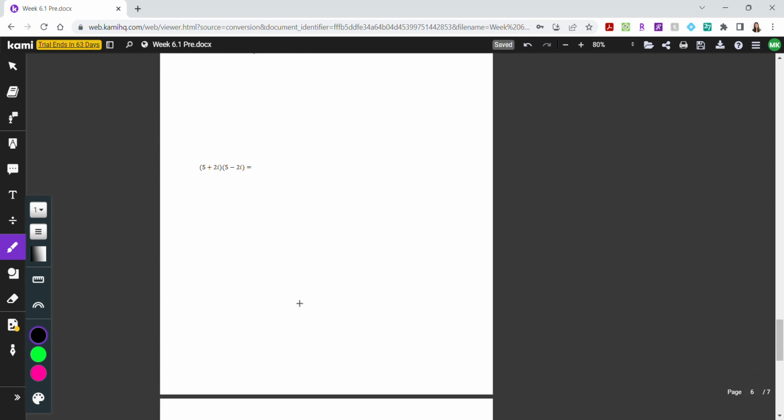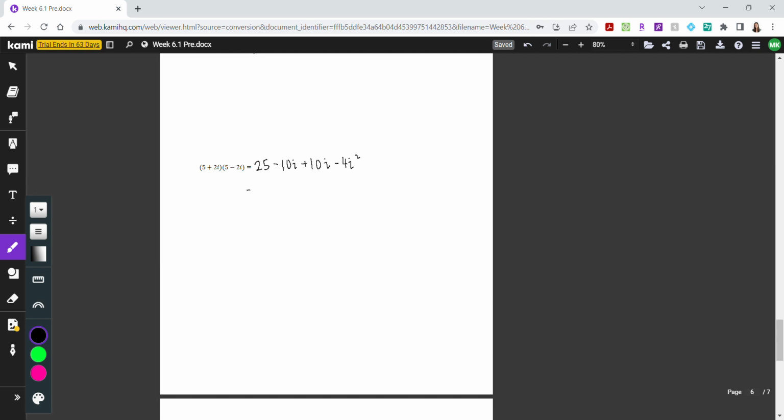Now for this one, we again are going to FOIL it like how we would with any of our polynomials. So we will first do 5 times 5, which would give us 25. And then 5 times negative 2i is going to give us negative 10i. 2i times 5 is going to give us positive 10i. And then 2i times negative 2i is going to give us negative 4i squared.